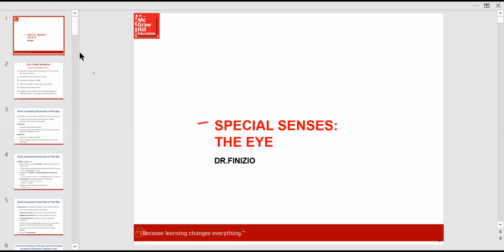Those are special senses, and they have a lot to do with the cranial nerves that emanate from your brainstem, because the cranial nerves are actually peripheral nerves, but they have their nuclei within the brain. If you remember the 12 cranial nerves, with the eye, of course, cranial nerve 2 is very important, and that's the optic nerve.